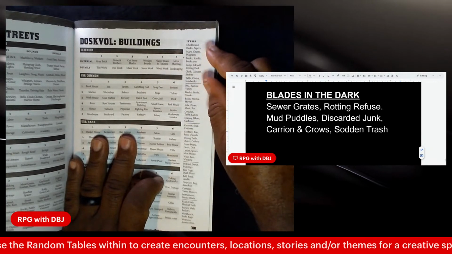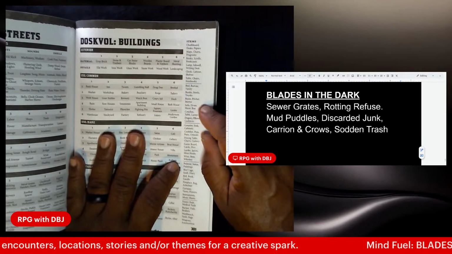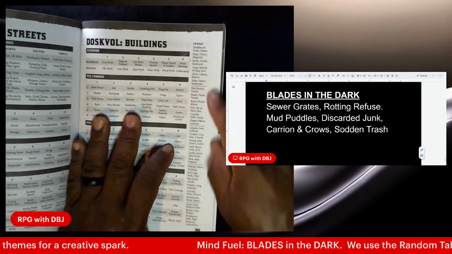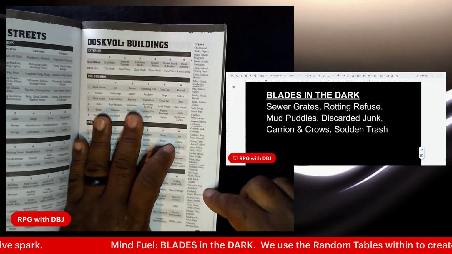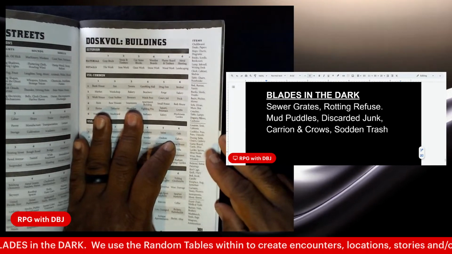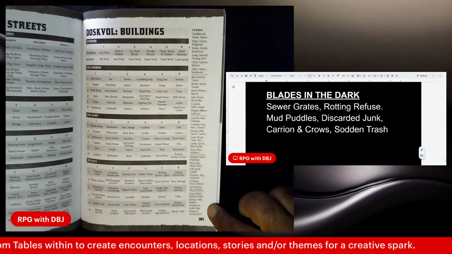It's related items, a break line, a couple more related items, and so on and so forth. Under items, these are basically things you may find in various locations. Let's go to our very bottom one, right above the page number 301.